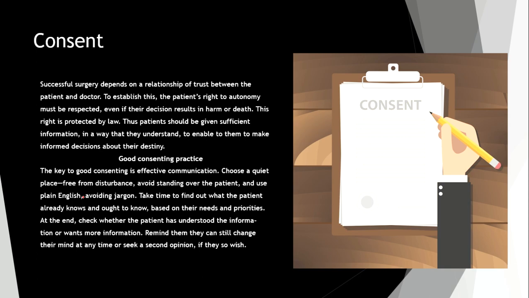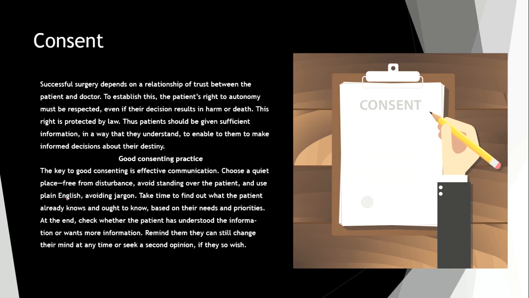Good consent in practice. The key to good consent is effective communication. Choose a quiet place, free from disturbance, avoid standing over the patient, and use plain English, or any language, avoiding jargon.